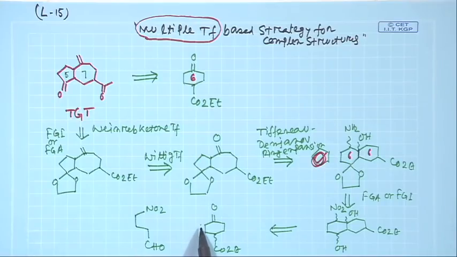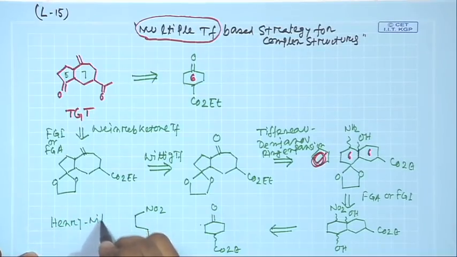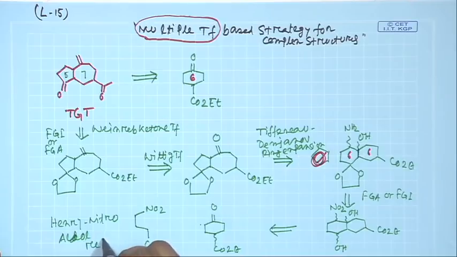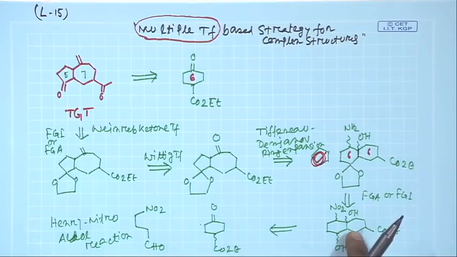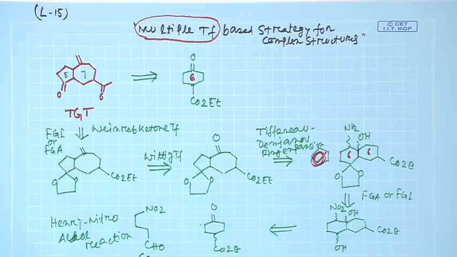Now, you can simply use a very important reaction named the Henry nitroaldol cascade transformation, the Henry nitroaldol reaction, and this reaction basically will give you this bicyclic product. I will explain how. This nitroaldehyde is also one of the starting materials, which is commercially available, otherwise you can prepare it in the lab.